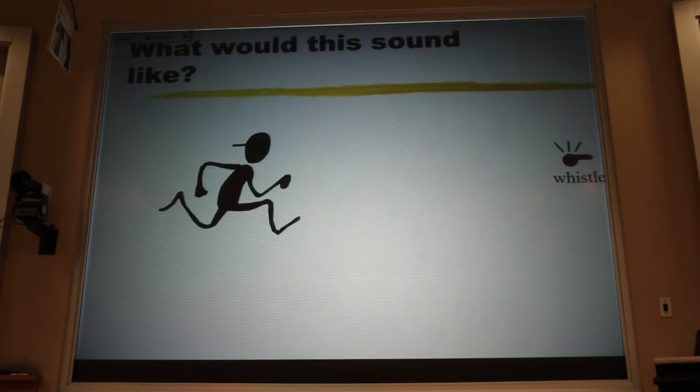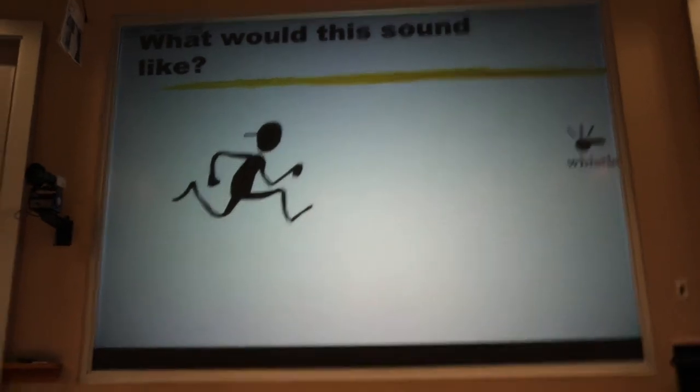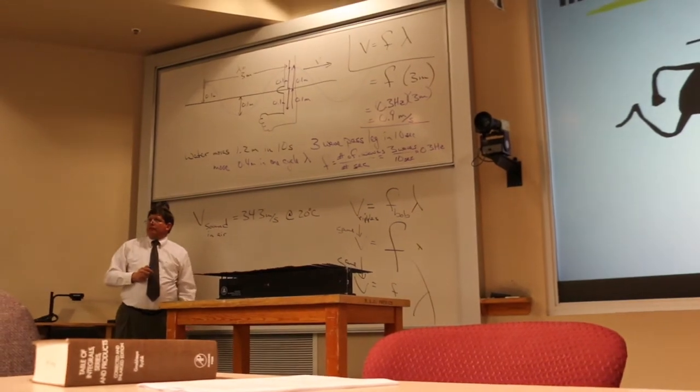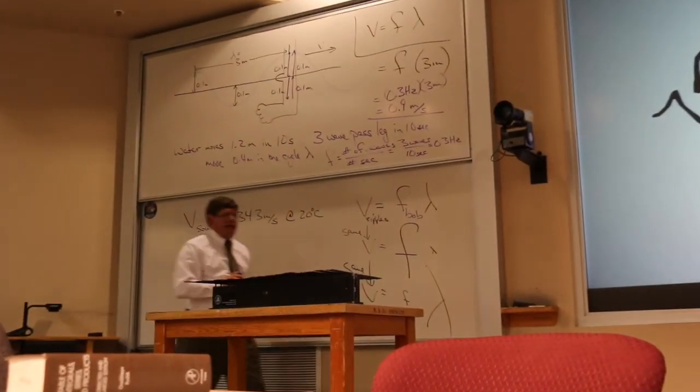It's going to sound louder, meaning that the compressed regions are going to make a bigger assault on your eardrums, pushing them further in and pulling them further out. The frequency, the pitch, is how often those compressions push your eardrum in per second.